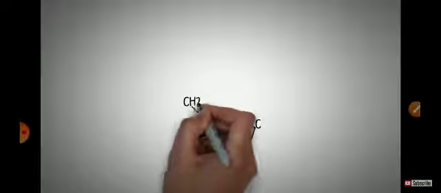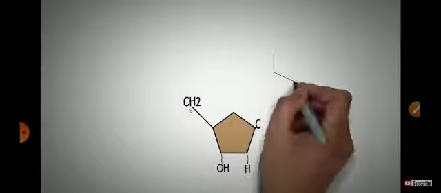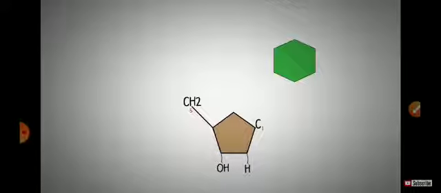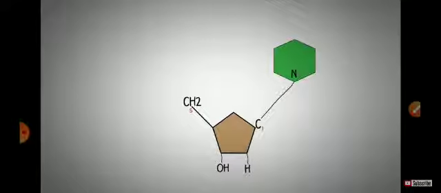So this is the schematic representation of a ribose sugar, which at the 5th carbon atom consists of a CH2OH group. Now the carbon at the first position gets linked to the nitrogenous base.